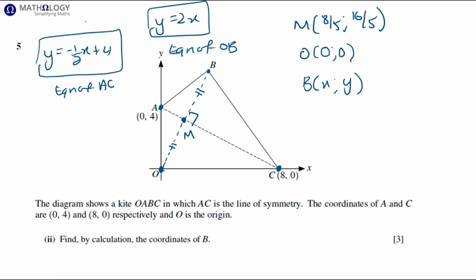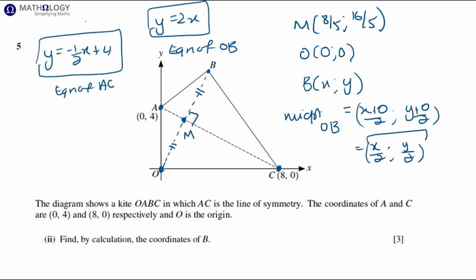So now we're going to find an expression for the midpoint of OB and equate that to the midpoint M. So the midpoint of OB will be x plus 0 over 2, y plus 0 over 2, which is just the point x over 2, y over 2.